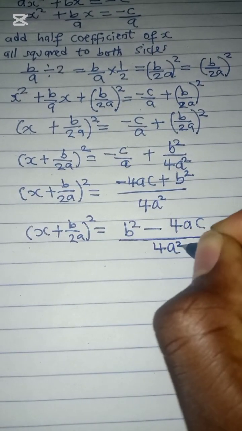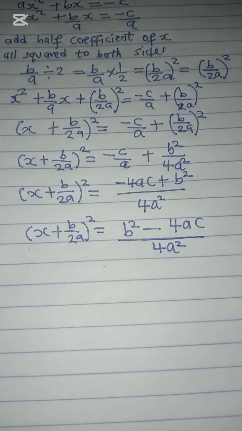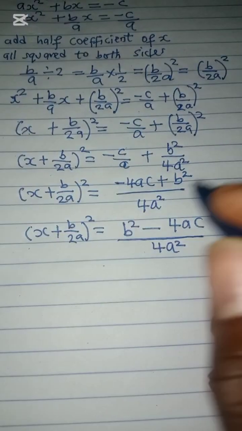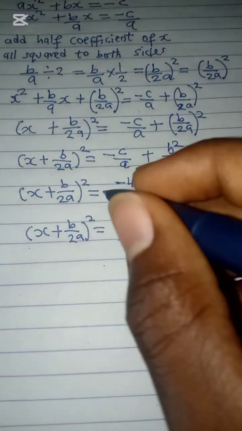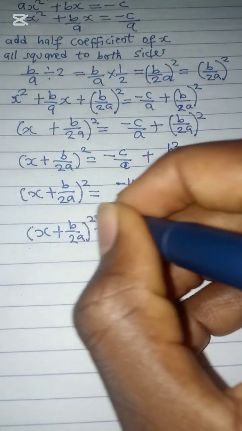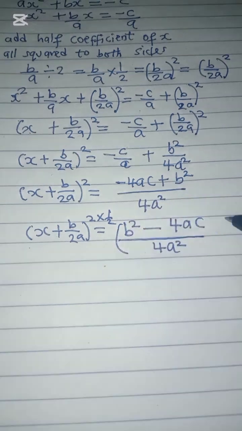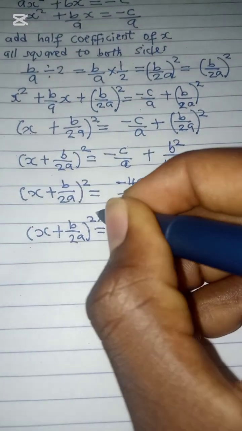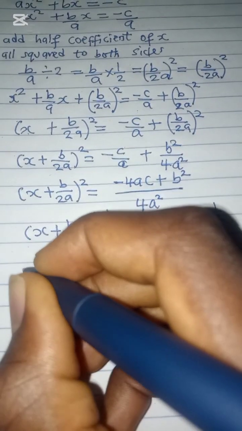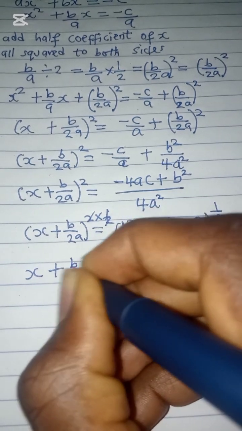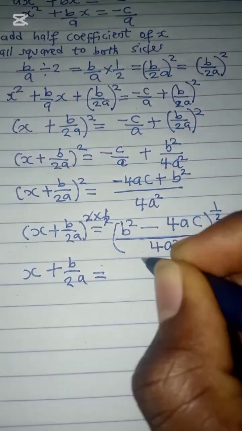Then we take the square root of both sides, which is basically multiplying the powers of both sides by 1 over 2. This 2 goes with this 2 here. So we have x plus b all over 2a is equal to what?